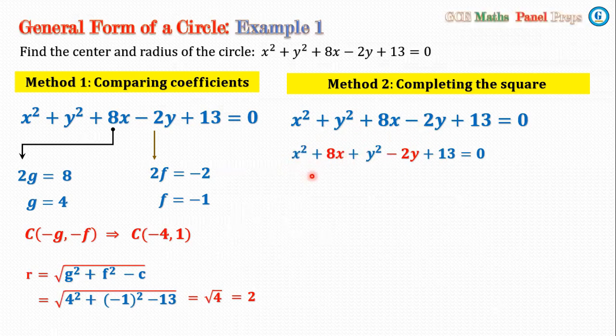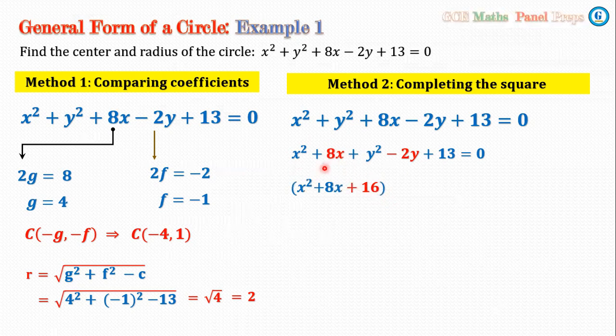I know that x squared plus 8x plus 16 is a perfect square. Yes, you have seen this in grade 11 and in grade 12. So I know that if I have (x plus 4) all squared, it's going to give me x squared plus 8x plus 16. So I'm going to add plus 16 here, separate this one.